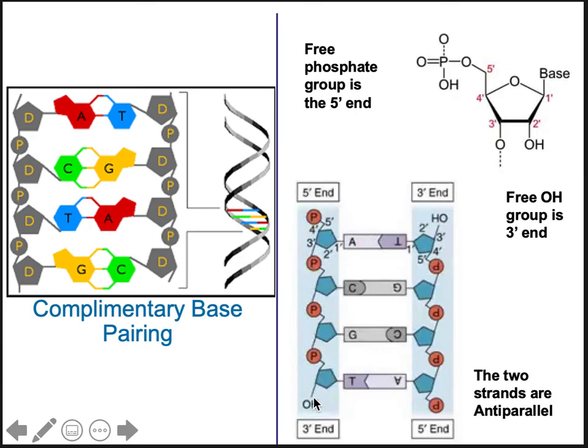Okay, but here we see that we have a free OH group, and so then this is the 3' end, and so it's 5' to 3', and on the second strand it's the opposite direction, 5' to 3', and then we see the complementary base pairing happening here as well.